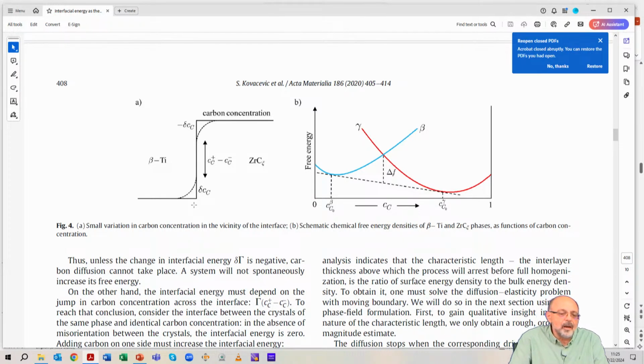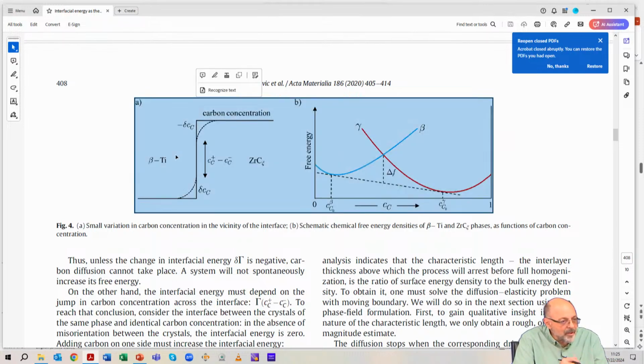So the key question is, will you lower the energy of the system if you transfer a little piece of carbon, a few atoms, from zirconium carbide into titanium? And then will it keep going, and will it stop, well, at some point?